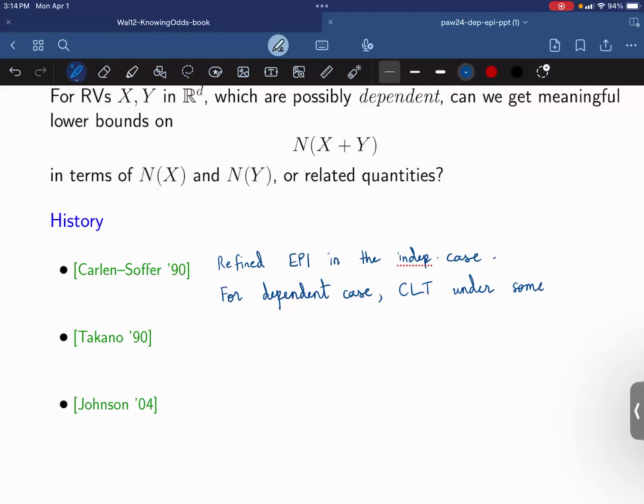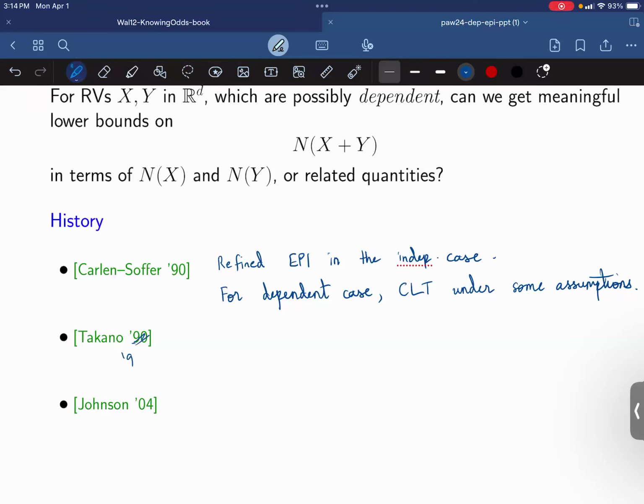So a lot of the tools that they developed were foundational. Anyway, so they were one of the first to look at dependent random variables in this context of looking at entropy of convolutions, and no longer convolutions, just the entropy of sums of dependent random variables.